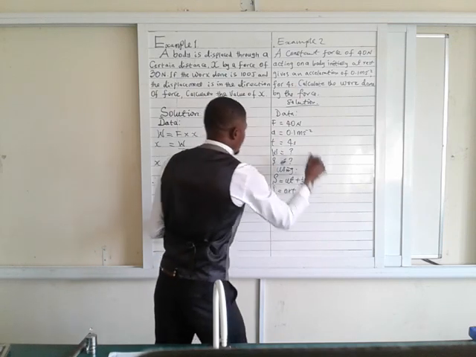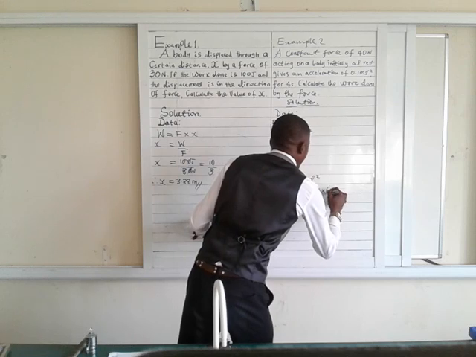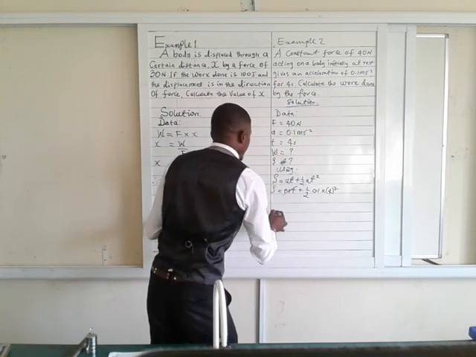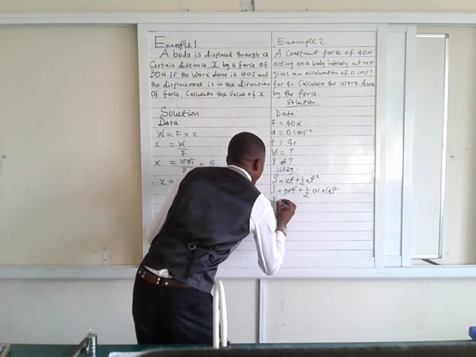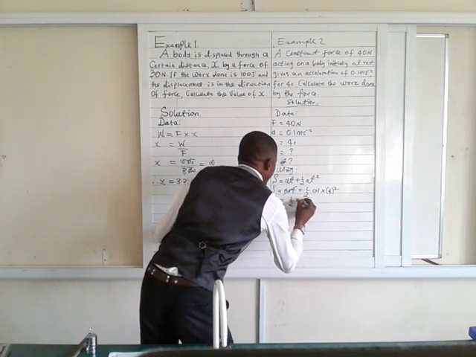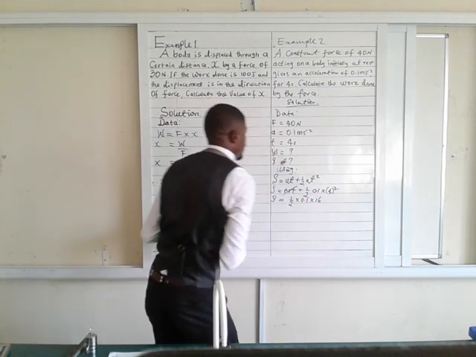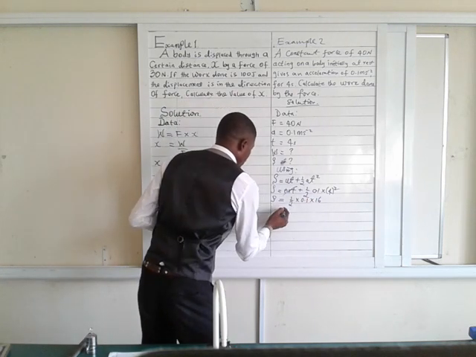Our acceleration is 0.1 times 4 squared. So this goes, you have S equals 1 over 2 times 0.1 times 16.